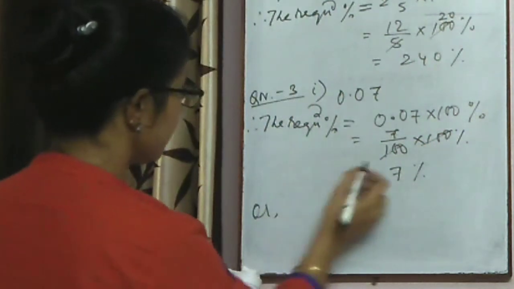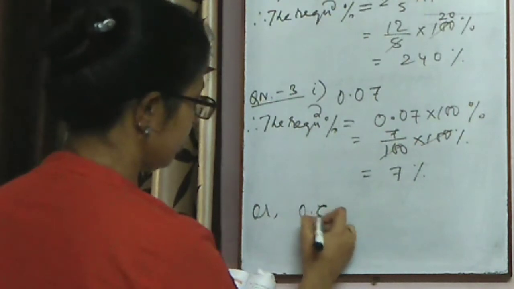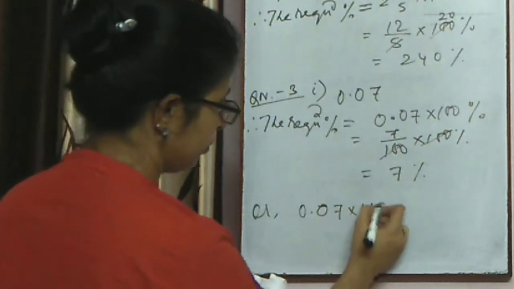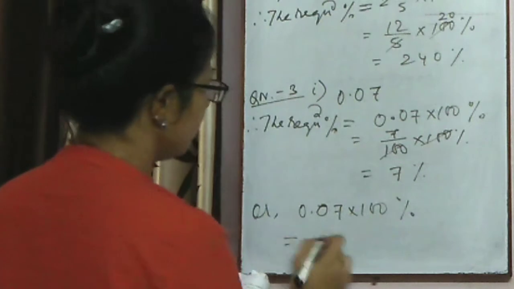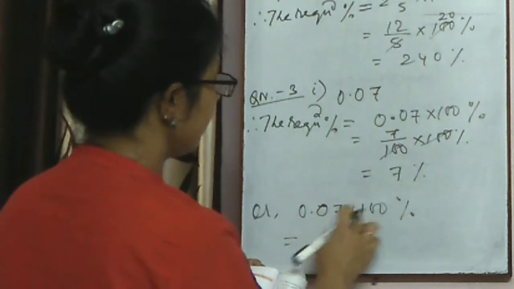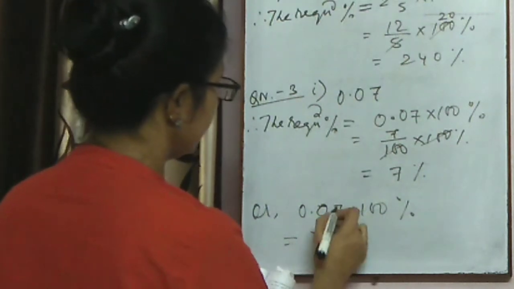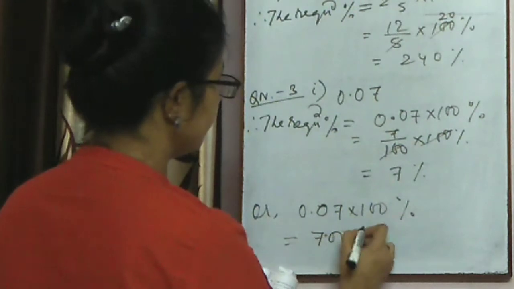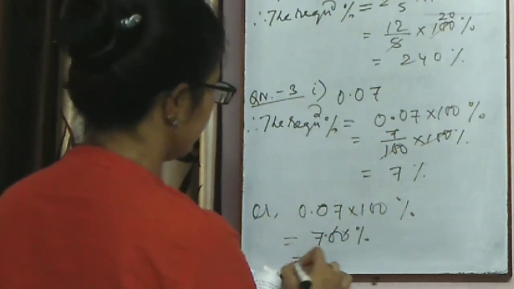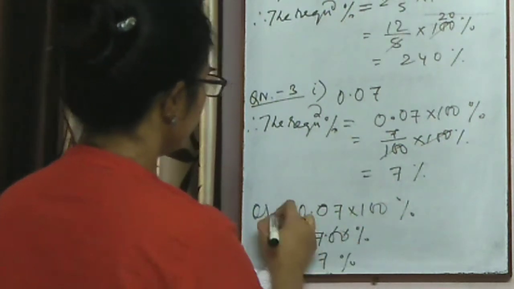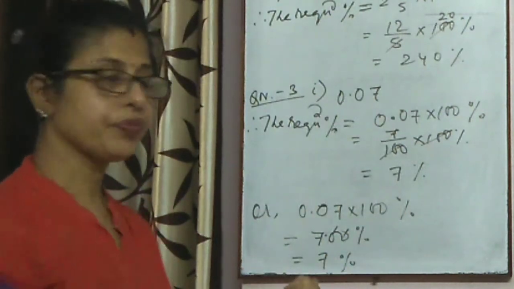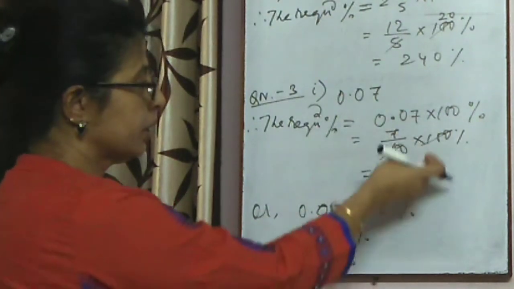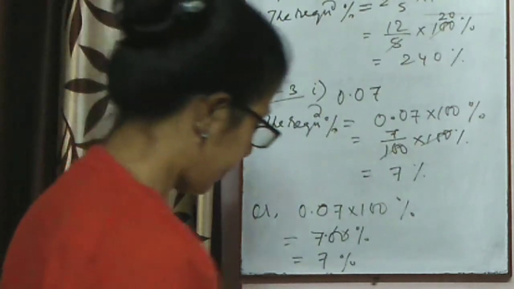Or the same number you can do 0.07 into 100% gives you what? Just multiply 7 into 100, 700, then place the 2 decimals. So 2 zeros are cancelled. So both the methods are the same. Means you can do it in this way or that way.